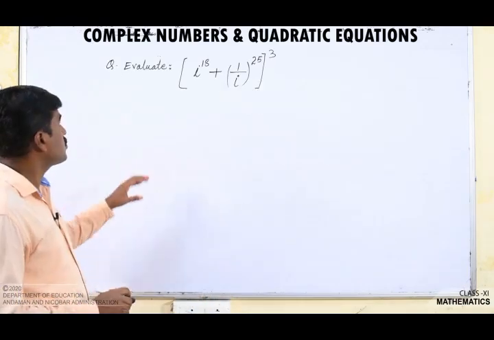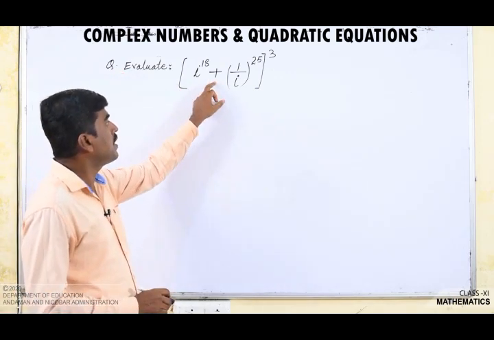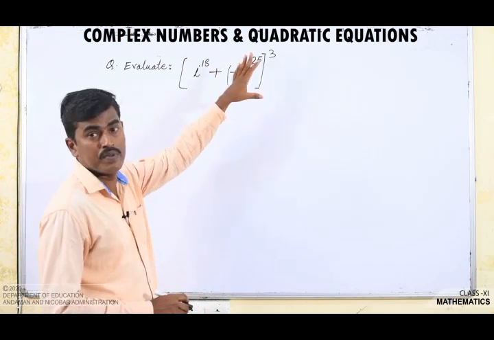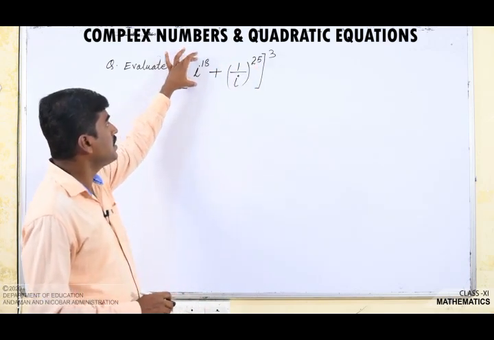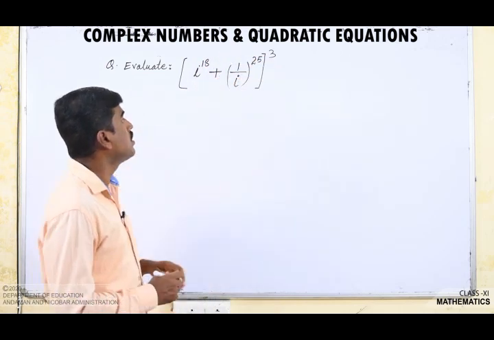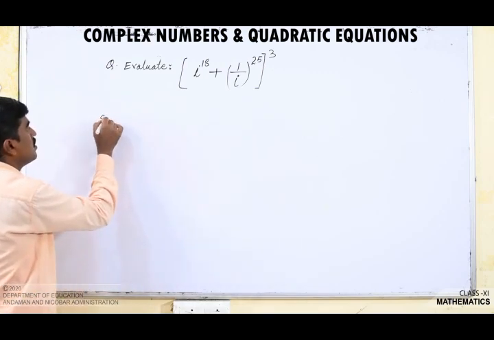Okay. So the first question is: evaluate i power 18 plus 1 by i power 25, whole cube. It is i power 18 plus 1 upon i power 25, whole cube. Now how to find the value of this expression?